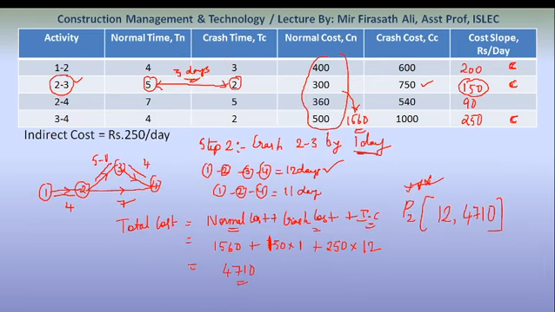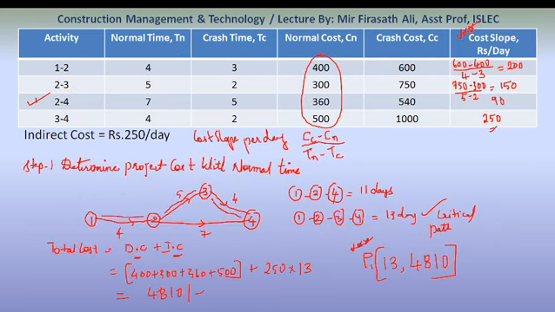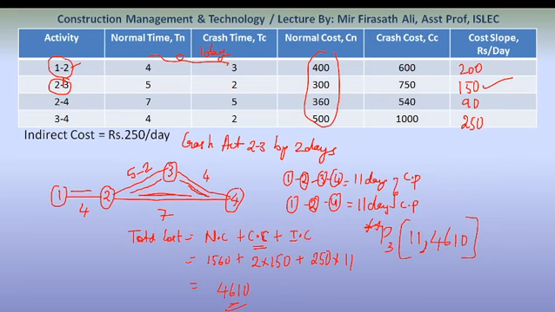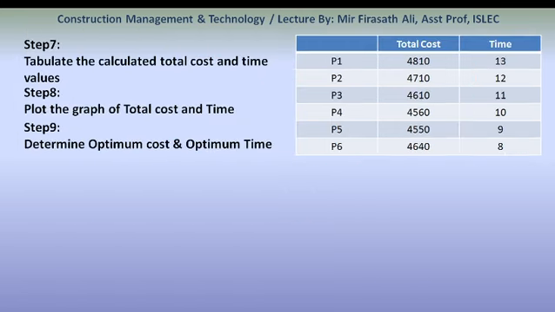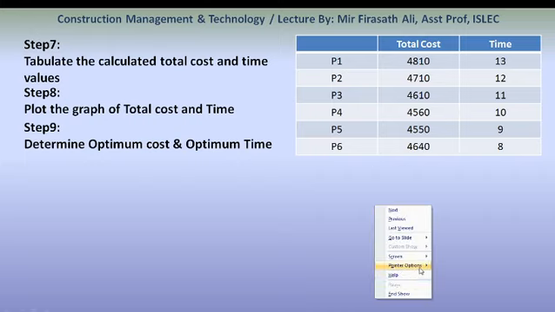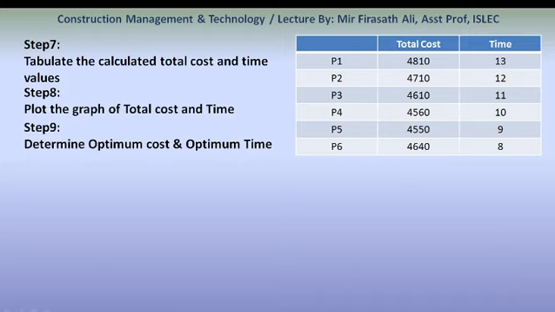From this we have got our points. We have got P1, P2, P3, P4, P5 and P6. We have tabulated this in this table: P1 to P6, total cost and total time. If you observe in this table, at point P1 our cost was 4810 rupees and time was 13 days.